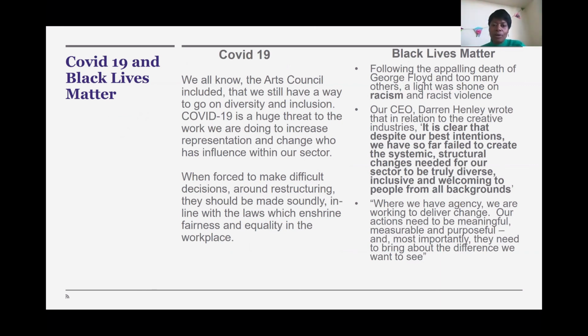So we want to make sure that these objectives inform all of our decision making in response to COVID-19 and Black Lives Matter.